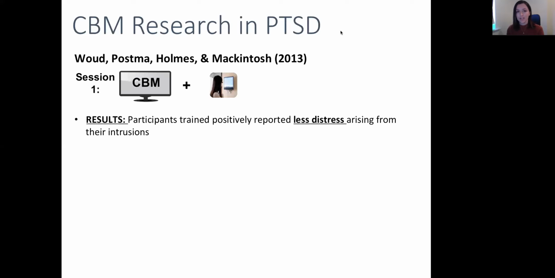So they used the exact same CBM training protocol, so the positive and negative conditions, and the same series of film clips. And what they found here was that participants trained positively reported less distress arising from their intrusions compared to the participants who were trained negatively. So there was no difference in the frequency of intrusions, but there were differences in the amount of distress associated with those intrusions.